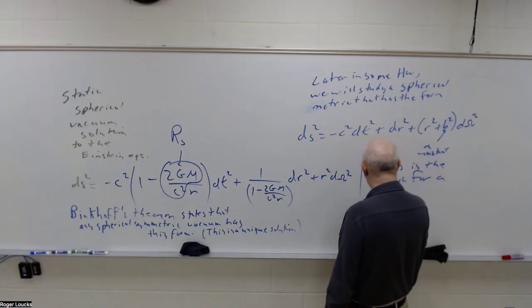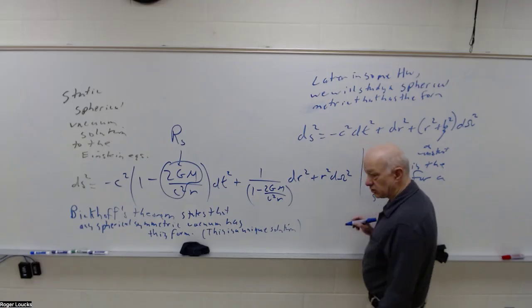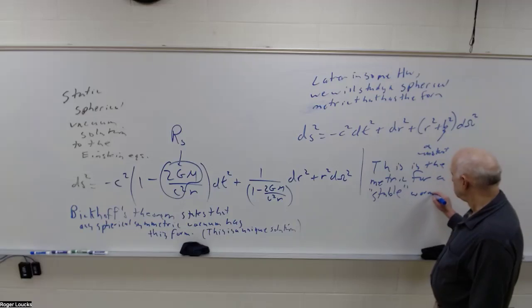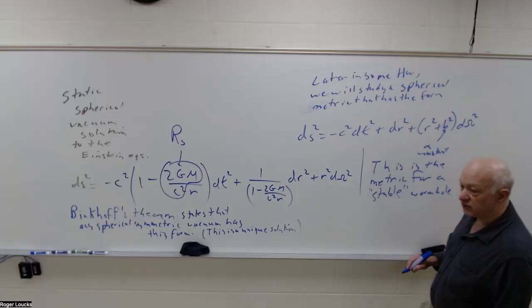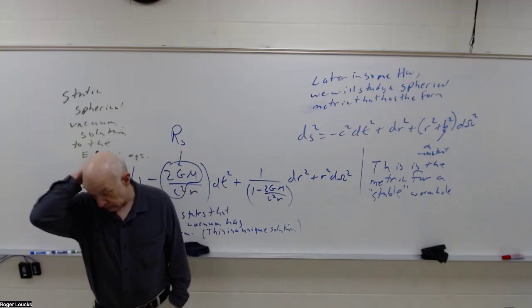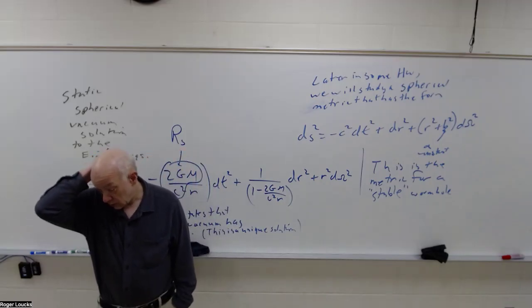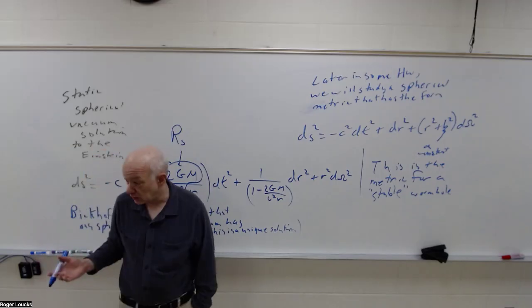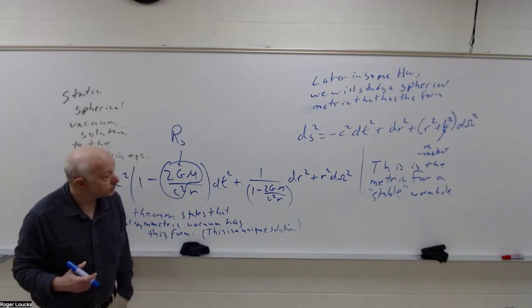I'll call it a stable wormhole, meaning you can get through it. It probably doesn't exist, but if you had something like that, the complication is that it's not a vacuum solution. So the question is, what do you need to get that? You probably need something that doesn't exist in nature, but we're not there yet.